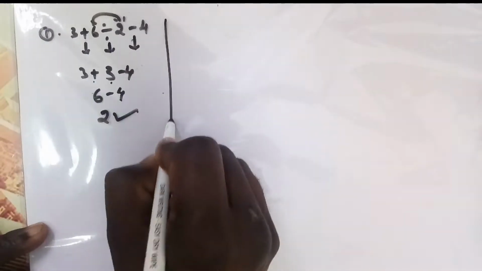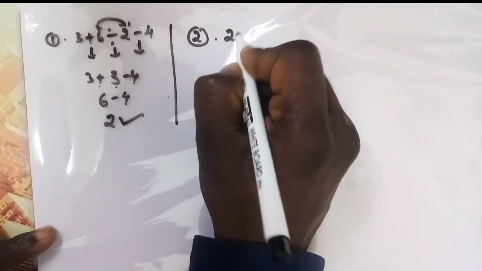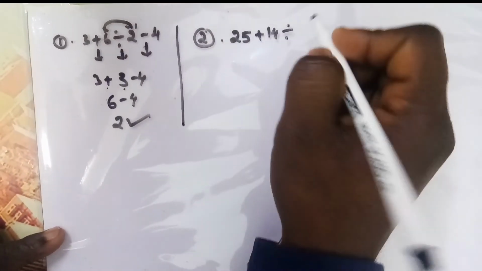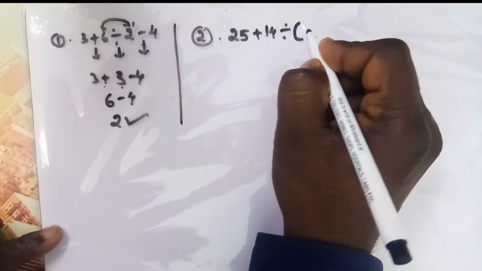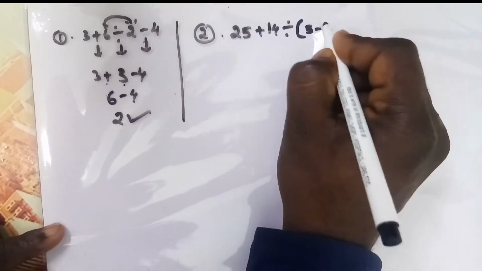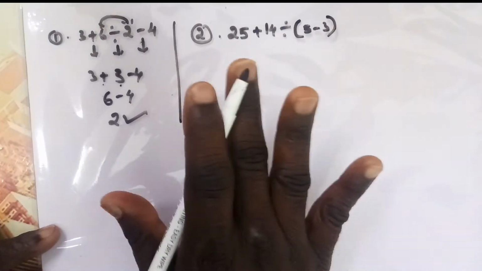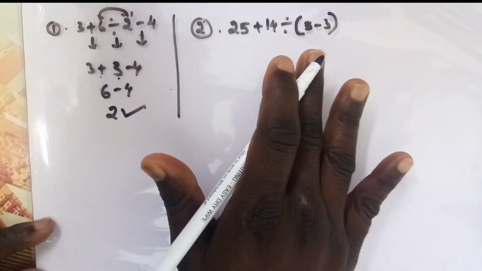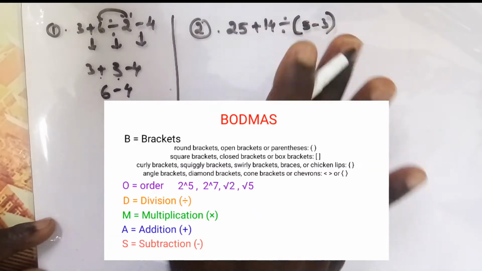And let's solve one more example. That will be the second example. 25 plus 14 divided by, I am using a bracket, 5 minus 3. You always solve these operations using the BODMAS rule.